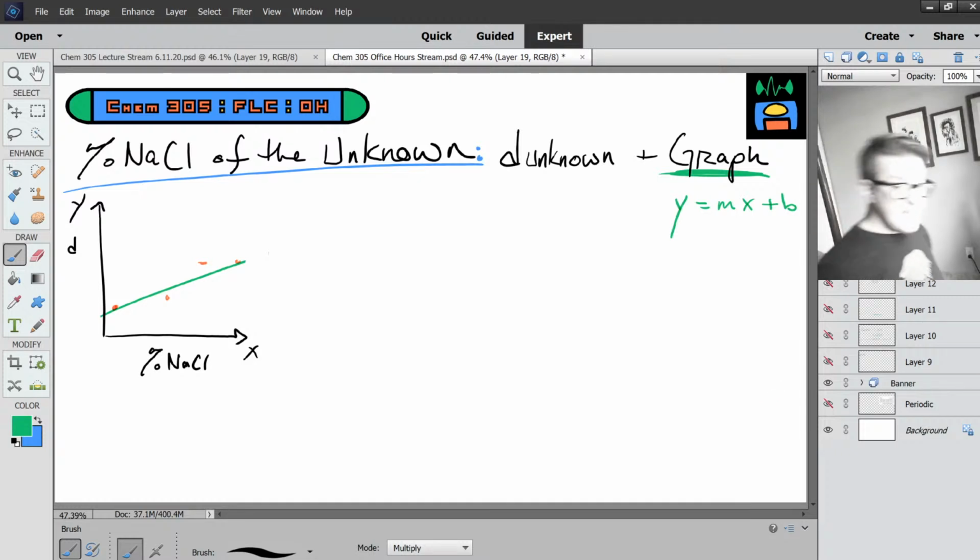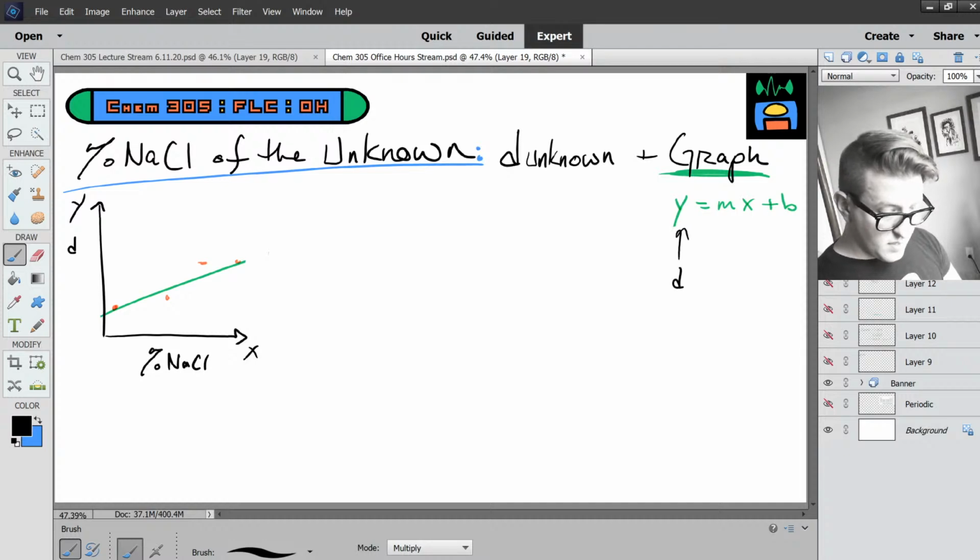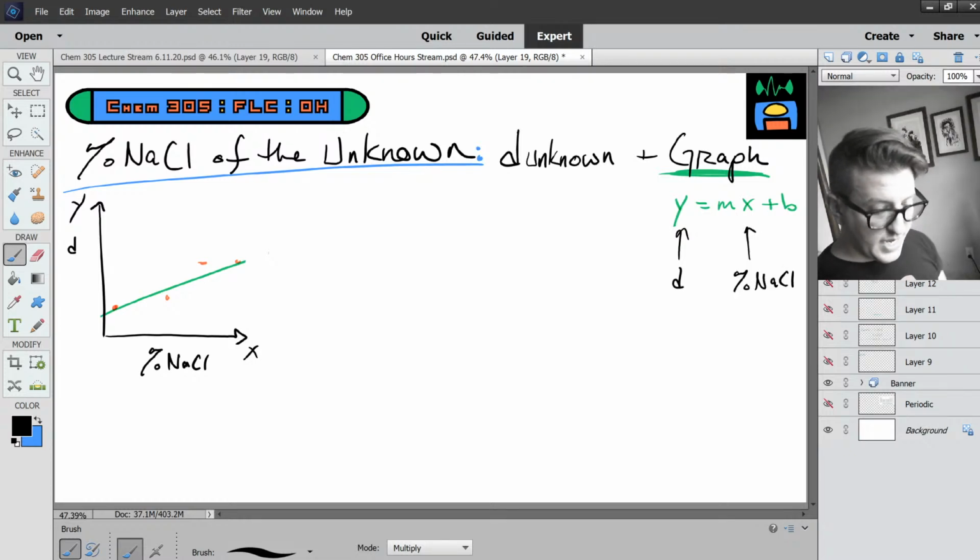Now your density is your value for y, and your percent mass of sodium chloride is your value for x.